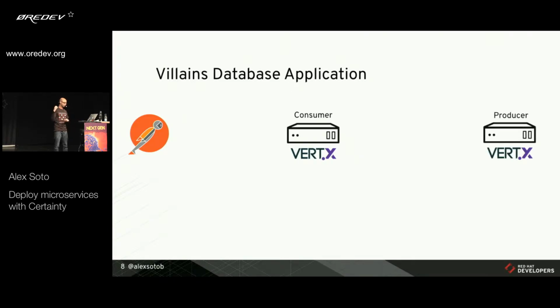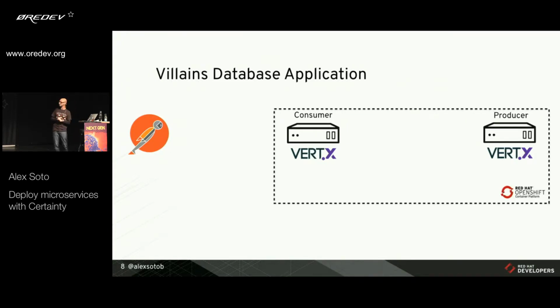Then we have the producer or the provider, which, as its name says, is a service that exposes data to another service. Then we're going to have all this running on OpenShift. At the end, OpenShift is Kubernetes plus awesome features, so just a way to deploy applications.